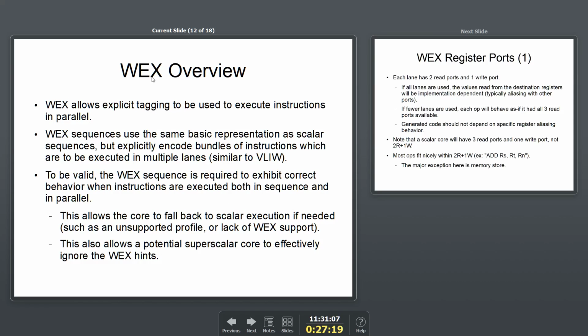So, WEX overview. WEX allows explicit tagging to be used to execute instructions in parallel. WEX sequences use the same basic representation or encoding as scalar sequences, but explicitly encode bundles of instructions which are able to be executed in the multiple lanes, similar to a VLIW architecture.